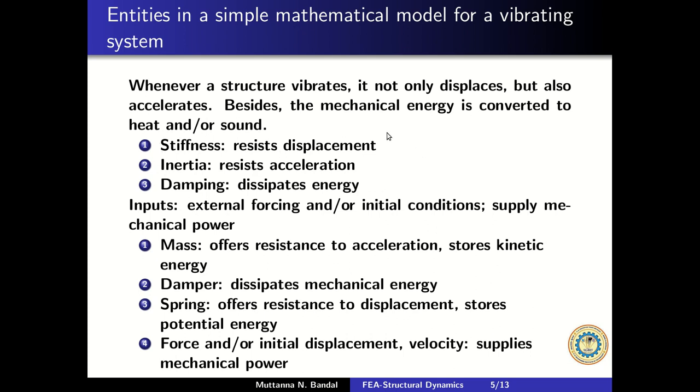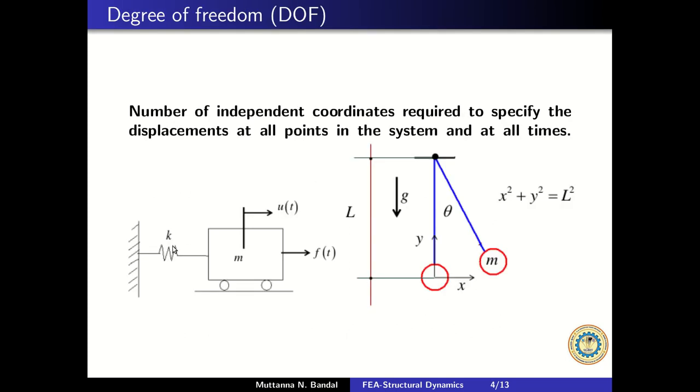To understand the behavior of such a structure, here we define some properties called stiffness, inertia, and damping. Stiffness always resists the displacement. In the previous case, the stiffness of the spring will try to resist the u of t.